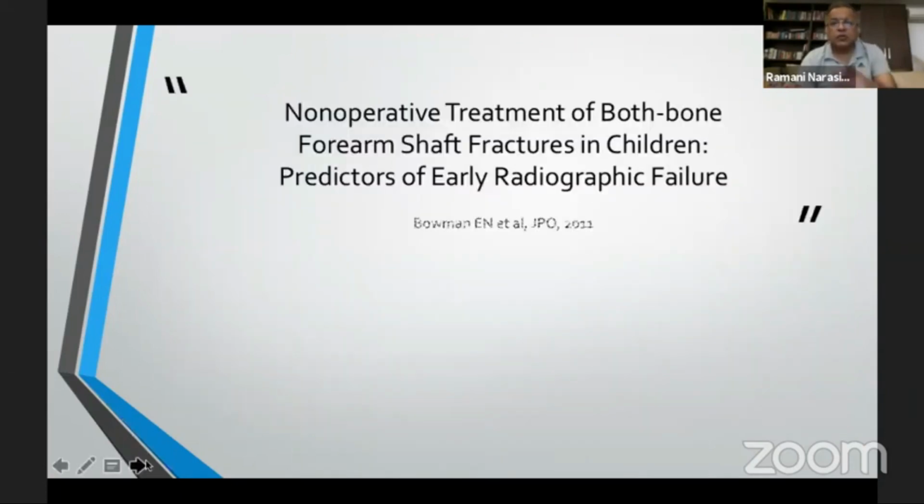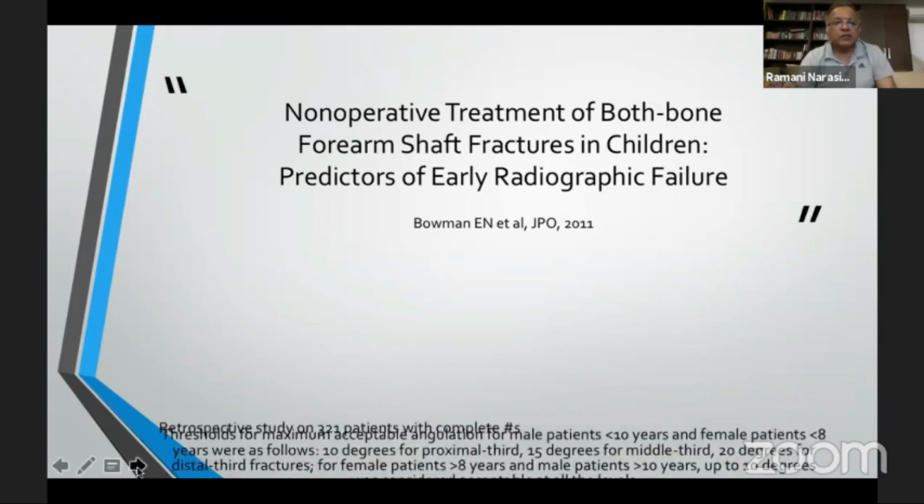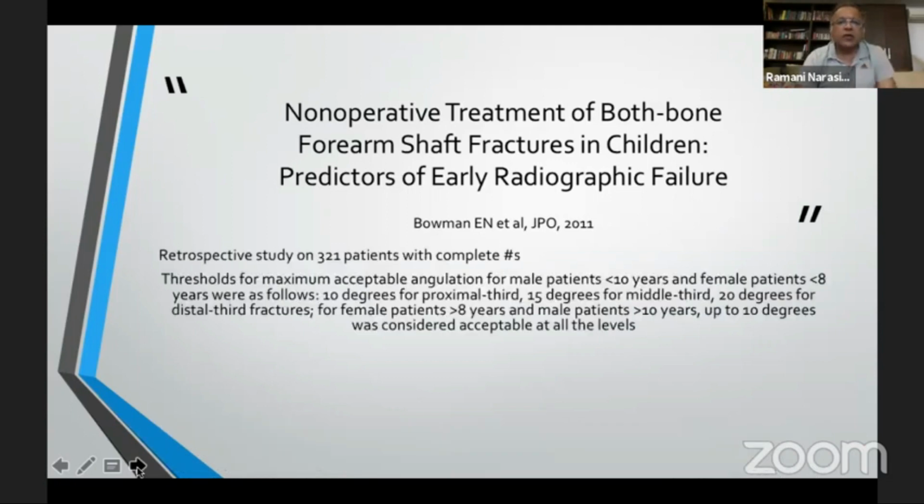But after that, in 2011, there was this paper by Bowman, Ian et al. in JPO, where he talked about the non-operative treatment of both bone forearm shaft fractures in children and predictors of the early radiological failure. And this was a retrospective study on 321 patients with complete fractures.